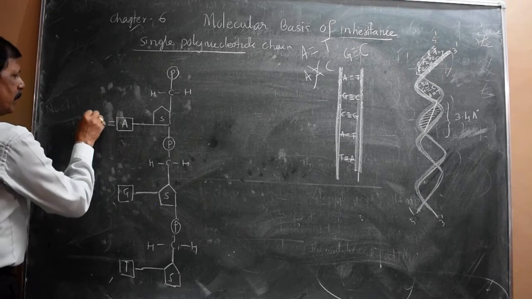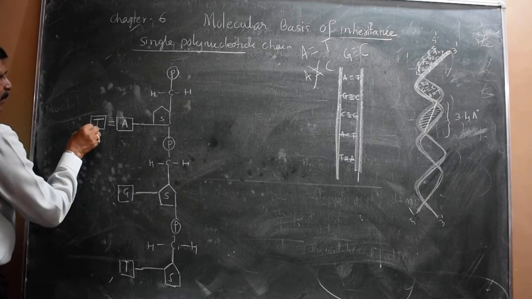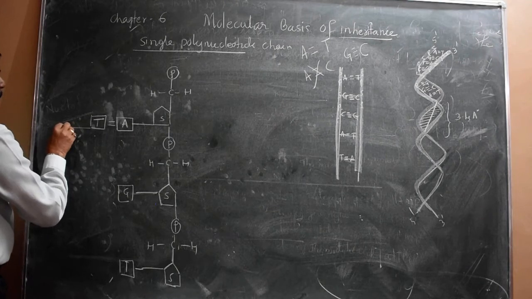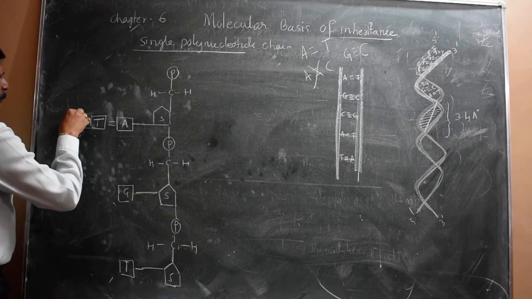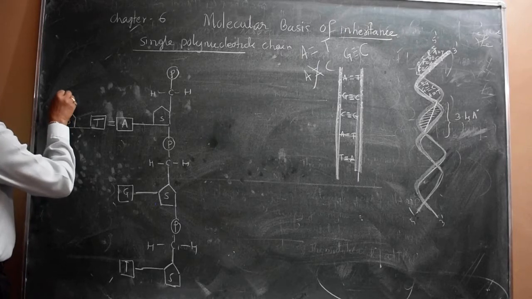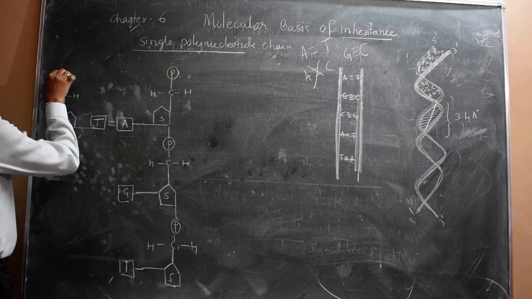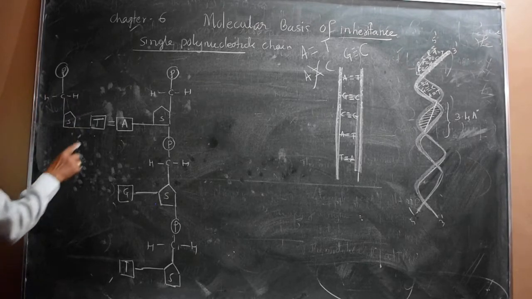In the book, now adenine is combined with thymine. Now to thymine there is another pentose sugar, and to this pentose sugar there is C, H and then P. Correct? That is the T connection.